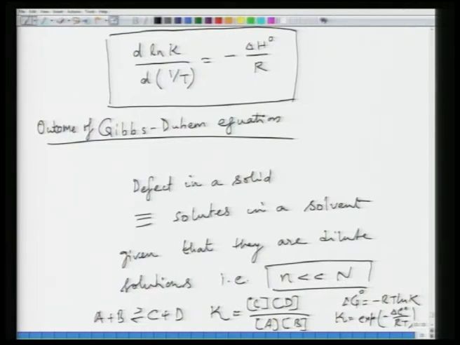So we are going to calculate K for all the defects, considering defect formation in the form of a defect reaction, and relate it to thermodynamic parameters such as delta G naught, which can be related to delta H naught and temperature. So, this is how we are going to treat all the defect formation in the solids.